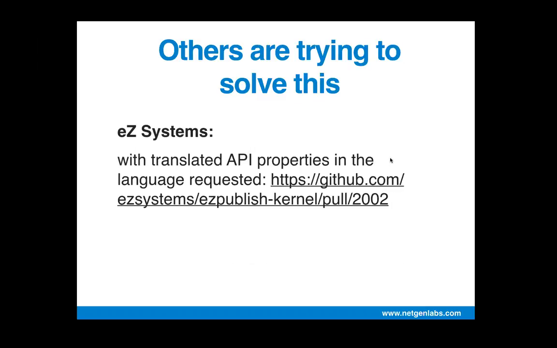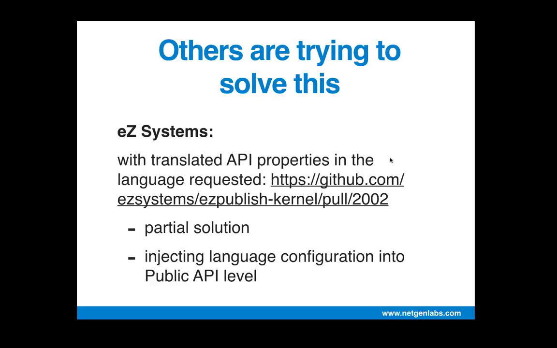Then, related to multilingual sites, they introduced translated properties into the API. This is already in the kernel, it's merged. It's a kind of partial solution. It also imposes language configuration into a public API level, which is something that we don't like much.